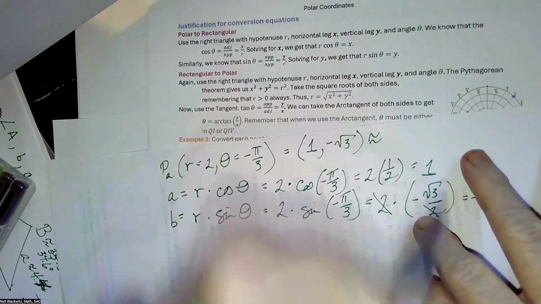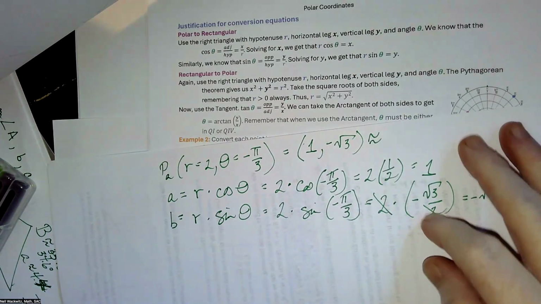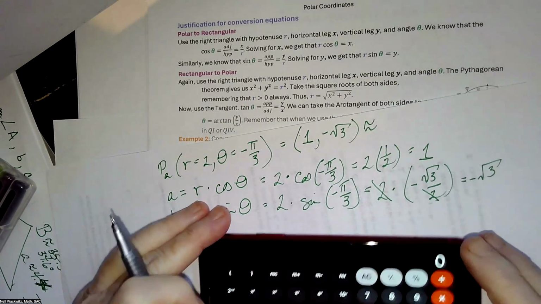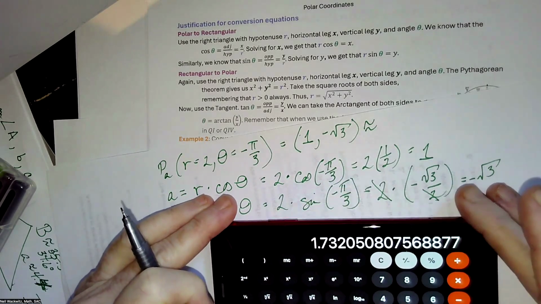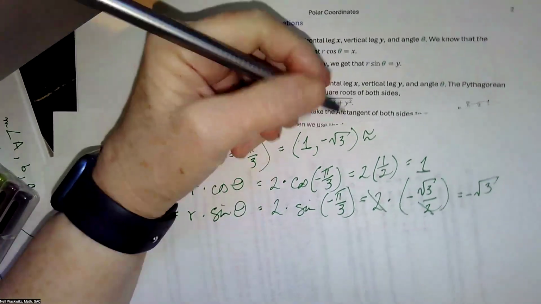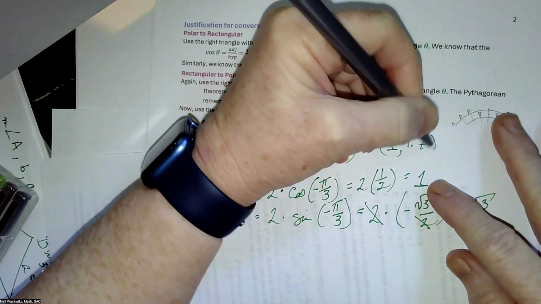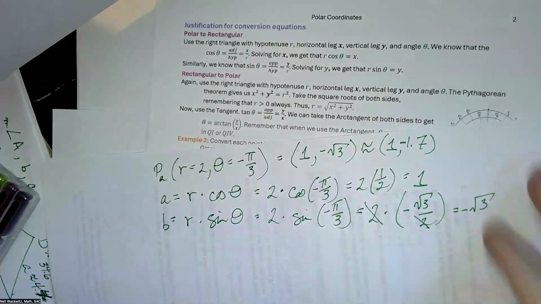And square root of 3 is approximately 1.8. Is that right? I'm going to check. Let's see. Square root of 3 is 1.7. So this is approximately 1 comma negative 1.7.